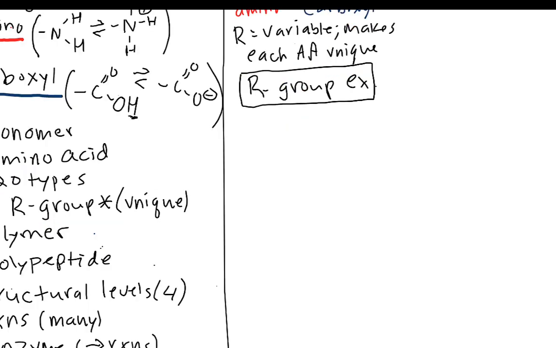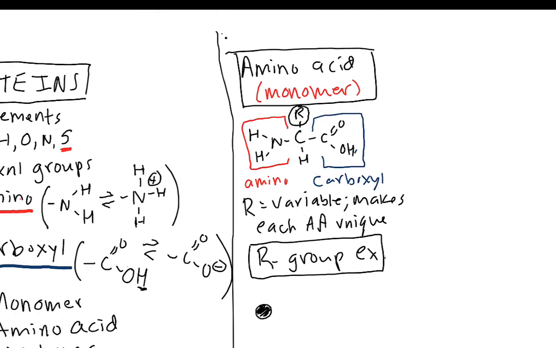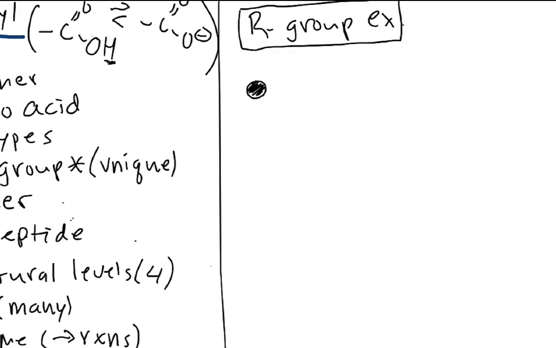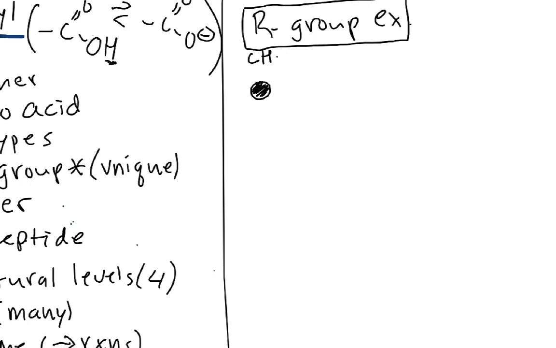The circle I'm drawing here is what we call the backbone of the amino acid, so it's everything except for the R group. So all this is now represented by a dot. So let's say we have some R groups with CH3 on them. So the carbon would be attached and the hydrogens attached to the carbon.